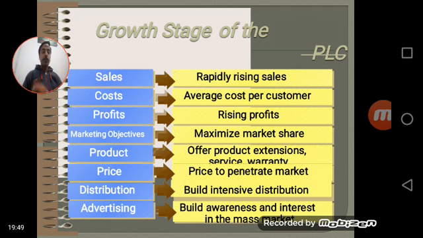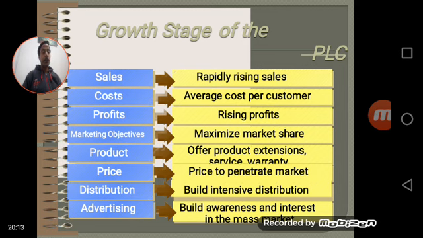You will research the market and, according to the consumer feedback, they will now start setting their prices so that a consumer can afford the product. Okay, this kind of pricing strategy is known as pricing to penetrate the market.